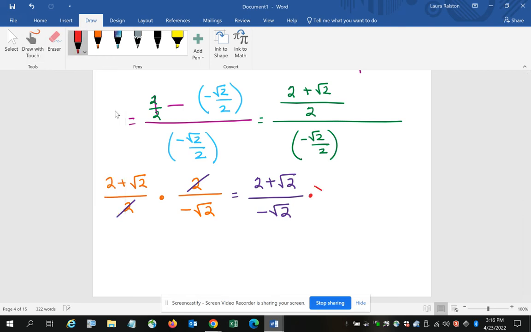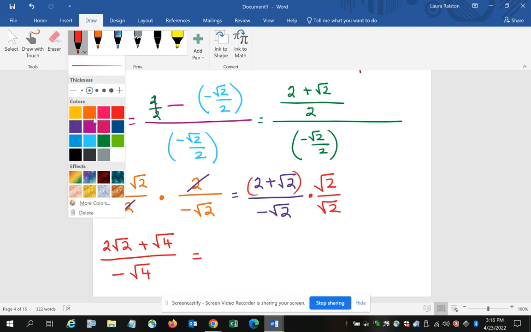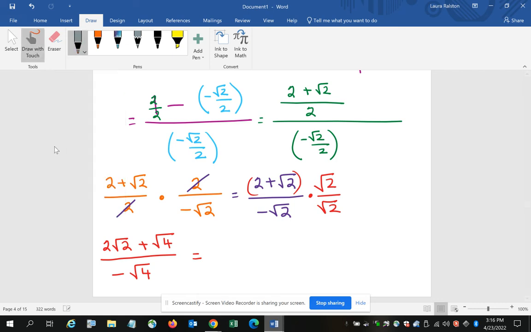So I need to multiply the numerator and the denominator by that radical. Okay, so when I do that, I have 2 square root 2 plus square root 4, square root 2 times square root 2 is square root 4, over negative square root 4. And again, I'm writing out all the steps. Some of you may be able to do some of those calculations in your head. So I have 2 square root 2 plus 2, square root of 4 is 2, over negative 2.